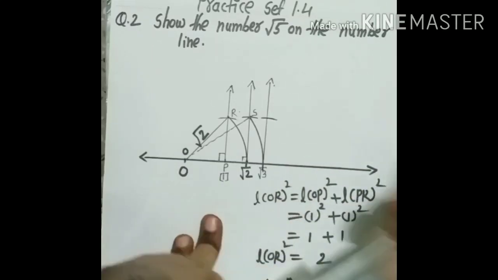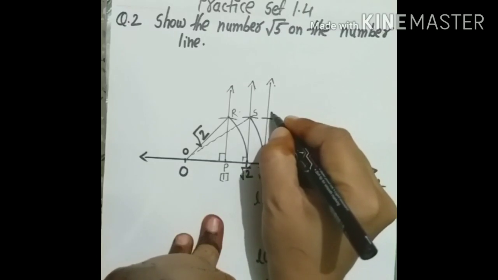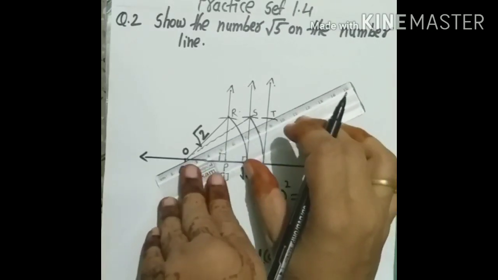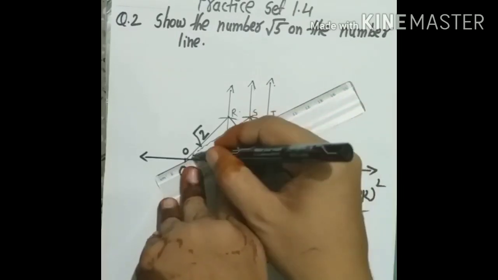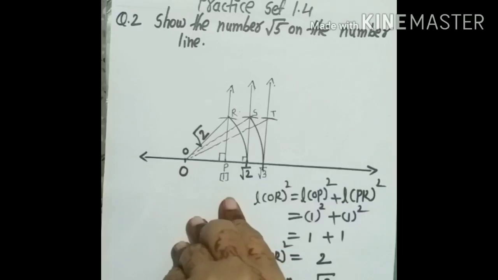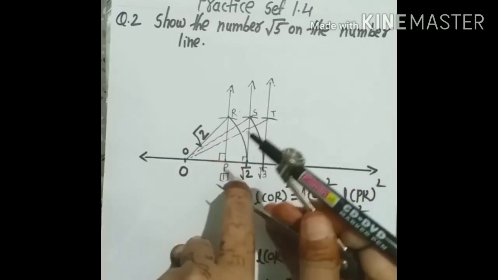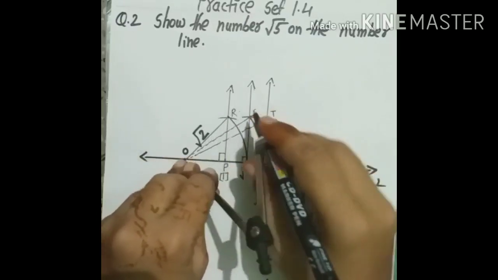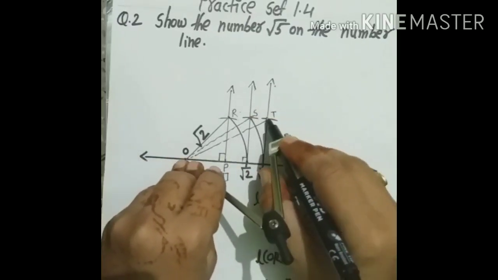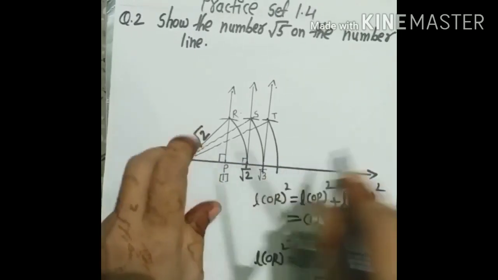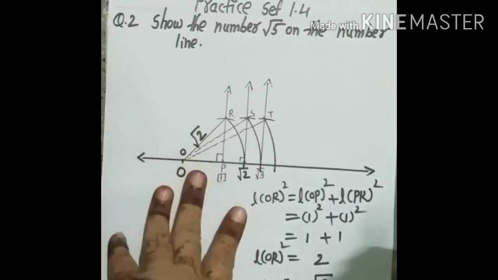Now give the name T here. Join T and O with dotted lines. Now take your compass again. Keep it on O and the pencil on T and intersect the line.